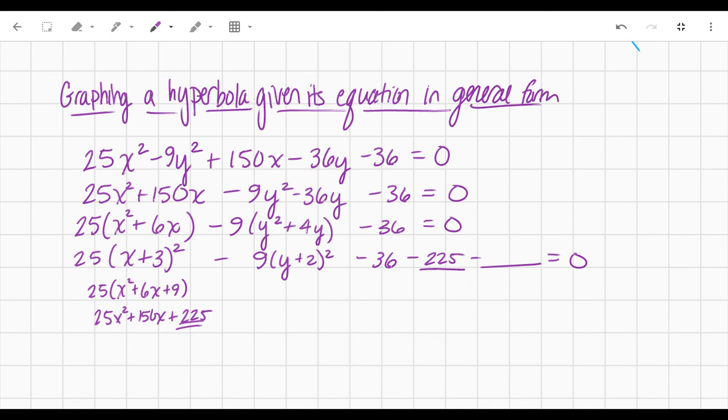Okay, and then over on the other side here, I have, excuse me, 9 times y squared plus 4y plus 4. Okay, and keep in mind that that's a negative 9. So negative 9y squared minus 36y minus 36. Okay, so here I put in a negative 36, so I'm going to subtract a negative 36, which means add 36.